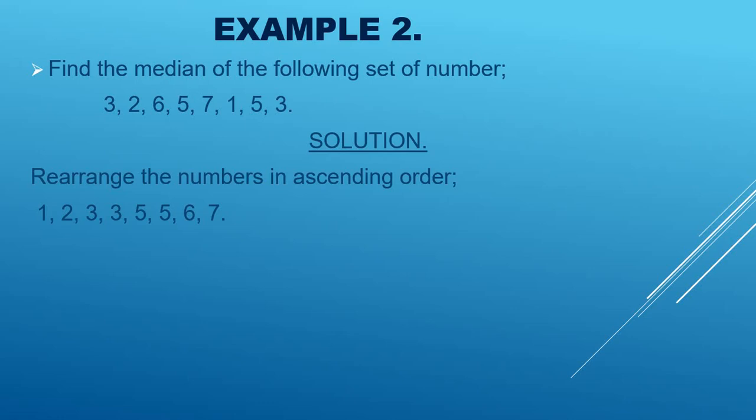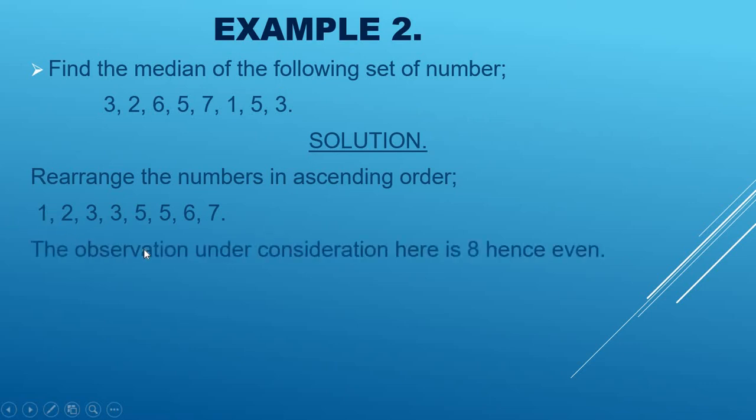So we have rearranged the set of numbers that we've been given. The next thing is to check if the set of numbers is even or odd. As we did for the previous one, we'll count them, and I've already counted them. The number of observations here is 8, so hence it's even. So we'll be using the formula.